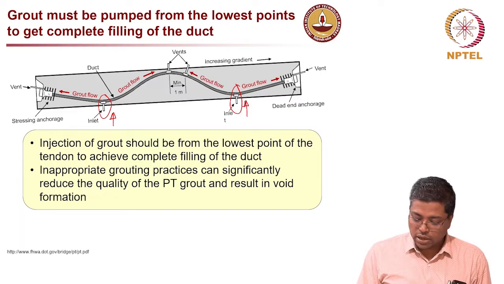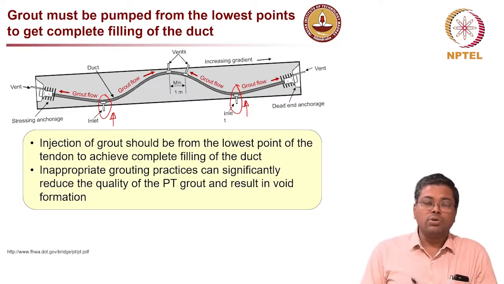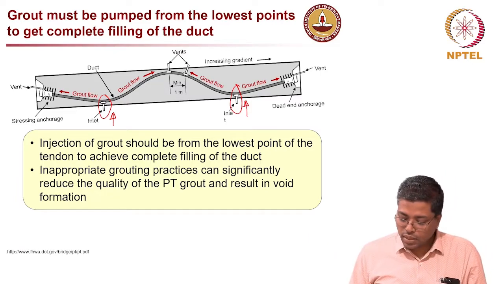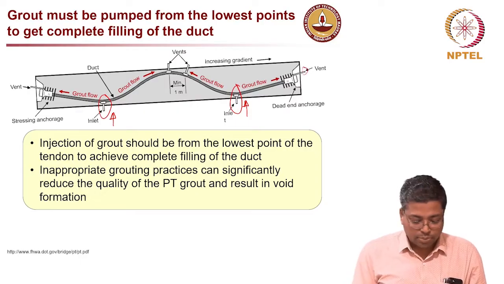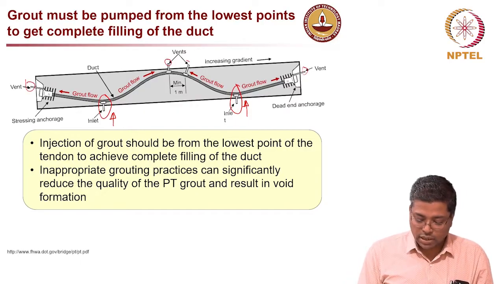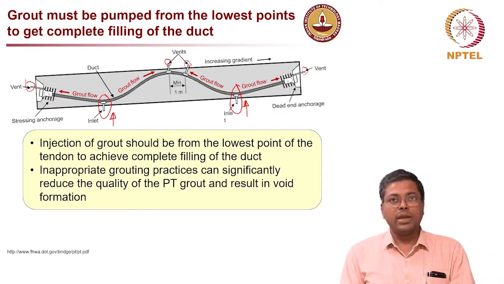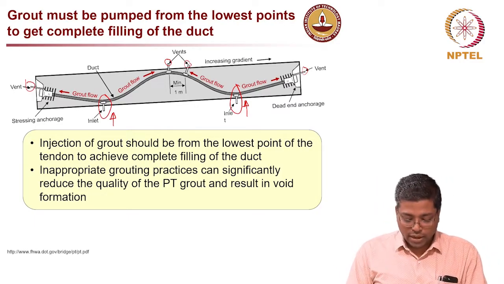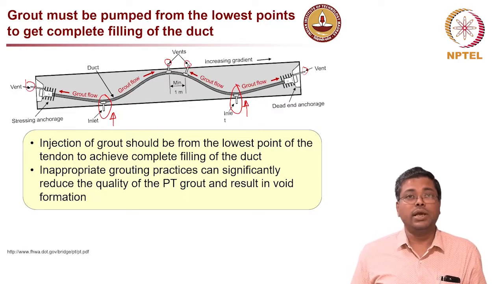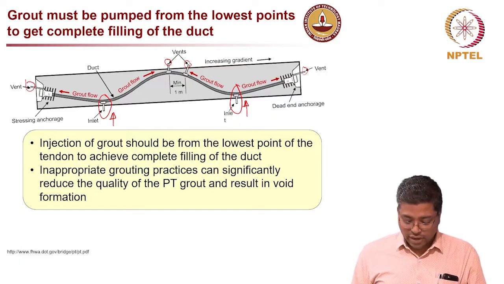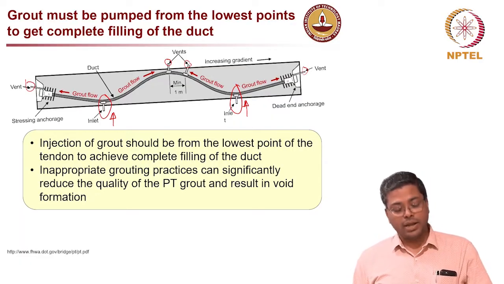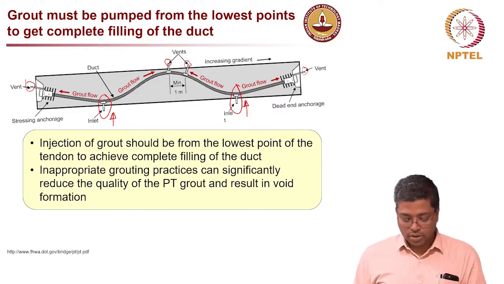Pump the grout into the duct, and the grout is allowed to flow upward, and through this vent it is supposed to come out, and then the vents here also. So fill in from the bottommost point and let the grout flow upward. That will ensure much better filling than filling from one end and letting the grout flow downward.